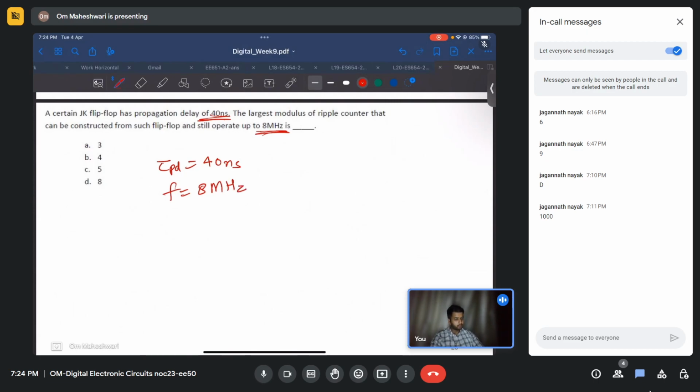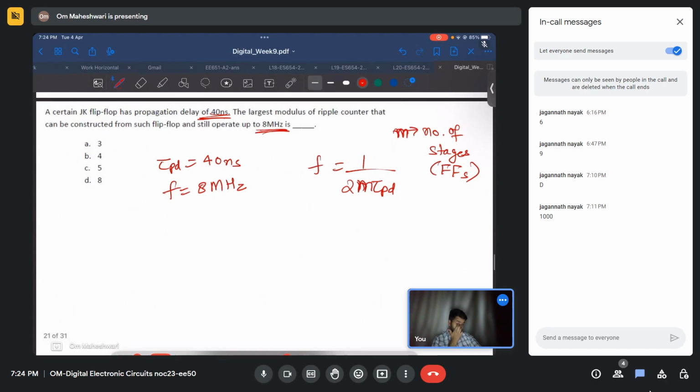So if you remember the formula, F is equal to 1 upon 2 N tau PD that we saw last time also, where N is number of stages. Here stages means flip-flops. Let's call it N. Okay, so what will be N?